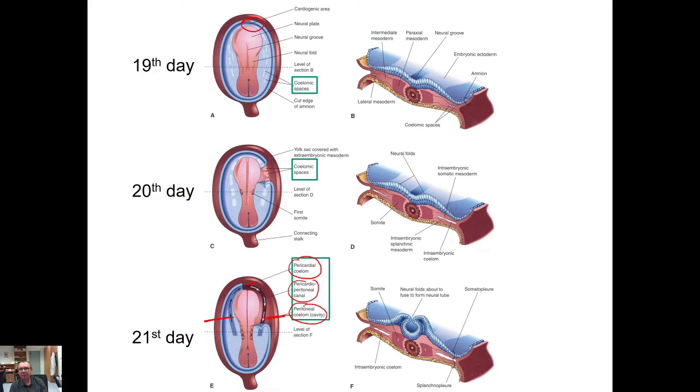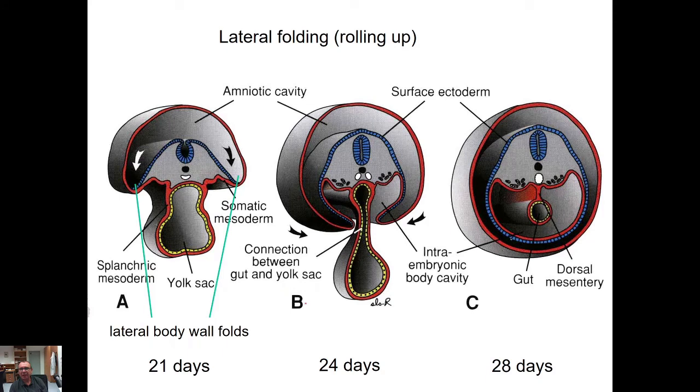How can it happen? It happens because there is the embryonic folding. Embryonic folding is a very important process of the 4th week. Embryo is already tubular.